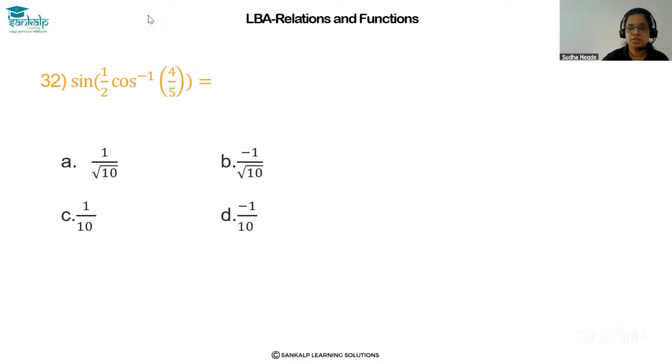Hi students, the question is sine of 1 by 2 cos inverse 4 by 5 is equal to what? So let us consider cos inverse 4 by 5 as theta.